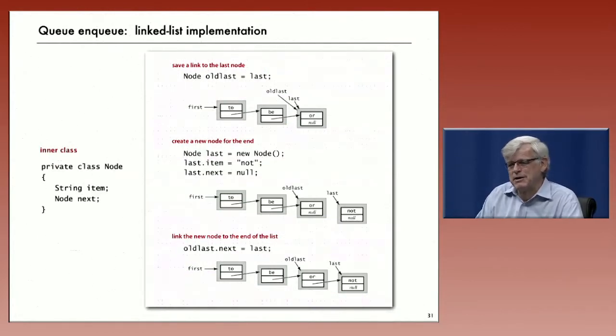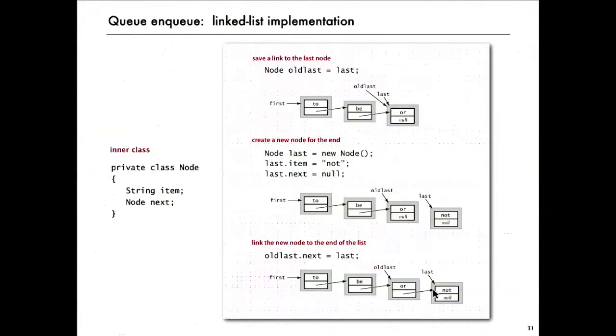We're going to need that because we need to change its reference from null to point to the new node. Then we'll create a new node for the end of the list. We'll populate its fields, and then that old link will change from null to a pointer to the new node. So again, just a few lines of code.